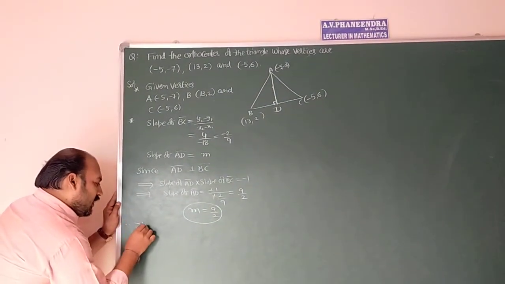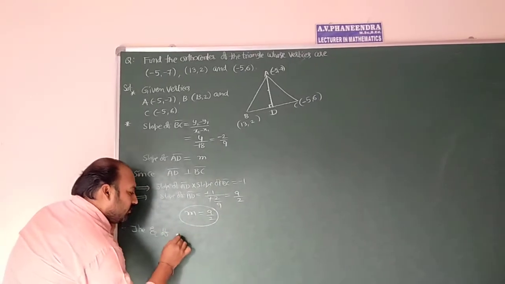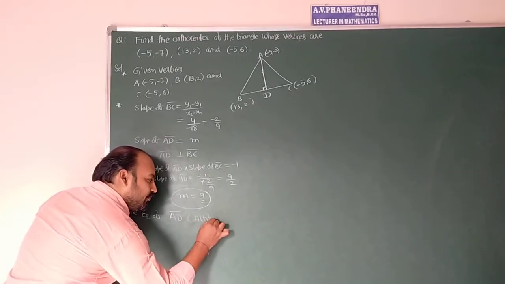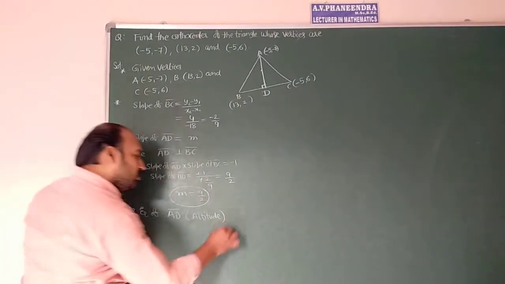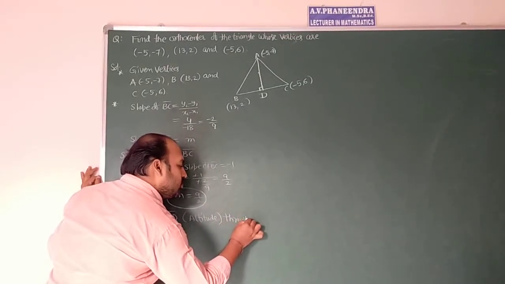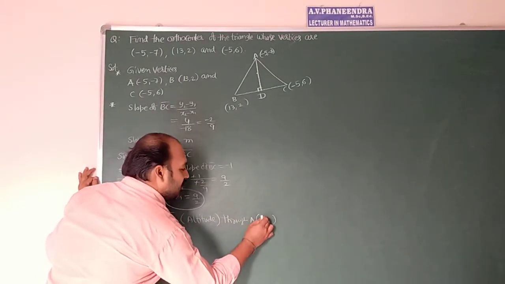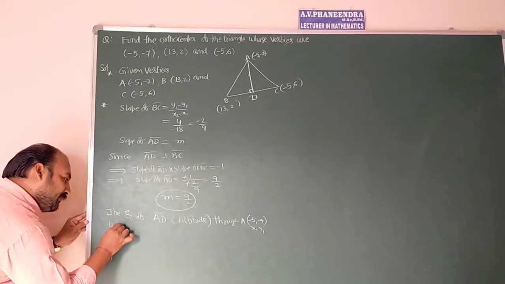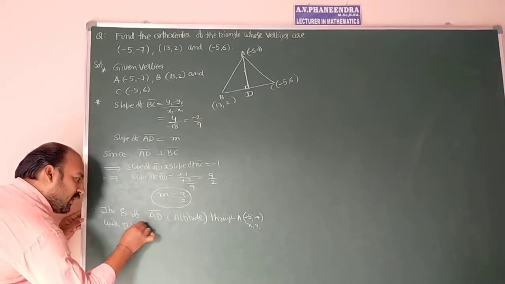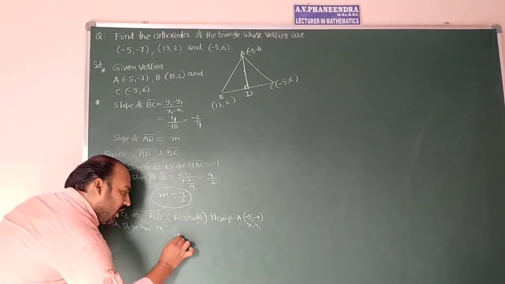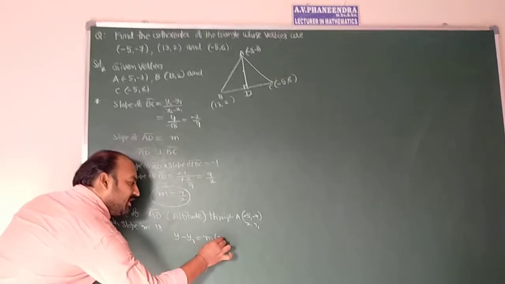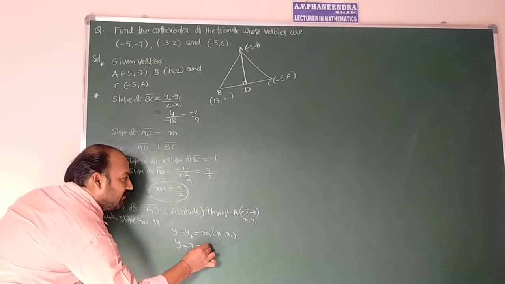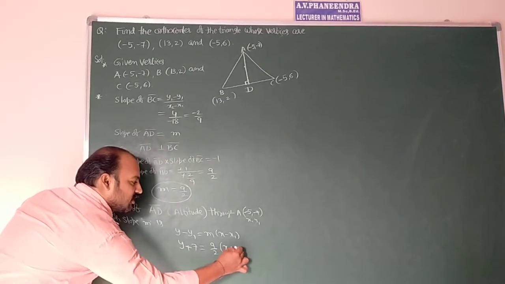Therefore, the equation of AD, altitude through A, the point you have to mention here, -5, -7, x1 y1, with slope m, is y minus y1 is equal to m into x minus x1: y minus of minus 7, that is y plus 7, m value is 9 by 2, x minus of minus 5.